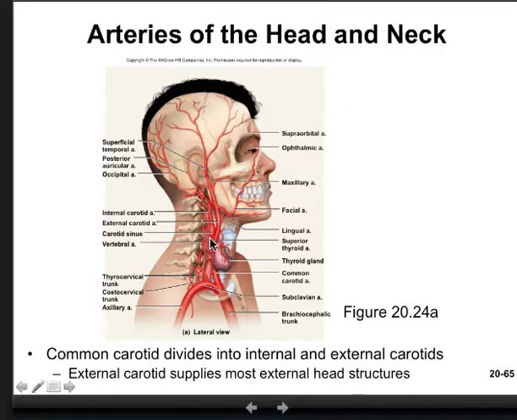Now, as we look at some of the other branches, the carotid sinus is essentially a large open vessel. It's still an artery, and it's off of the carotid sinus that you see these other branches leave.